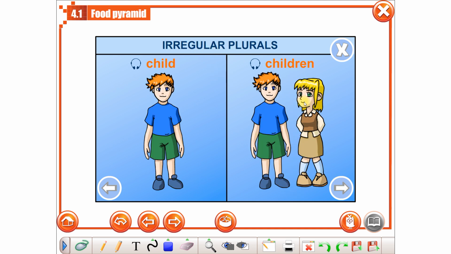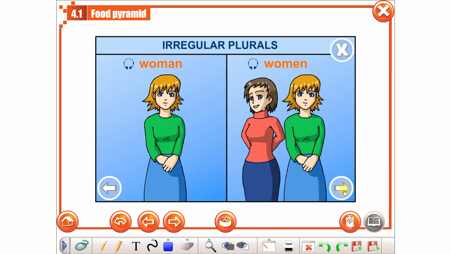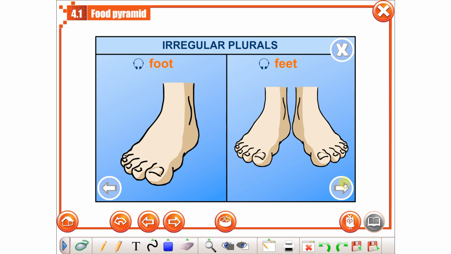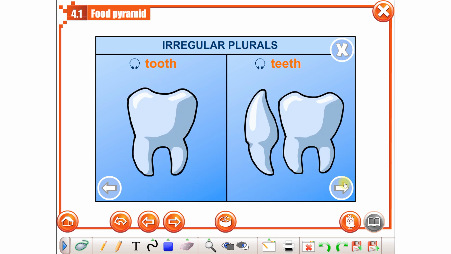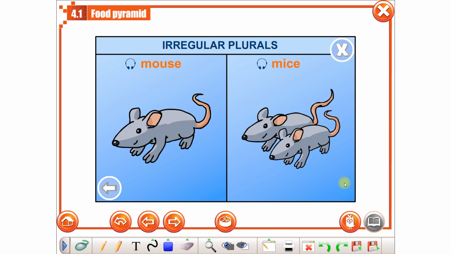Those are irregular plurals now. Woman, women, foot, feet, man, men, tooth, teeth, mouse, mice.